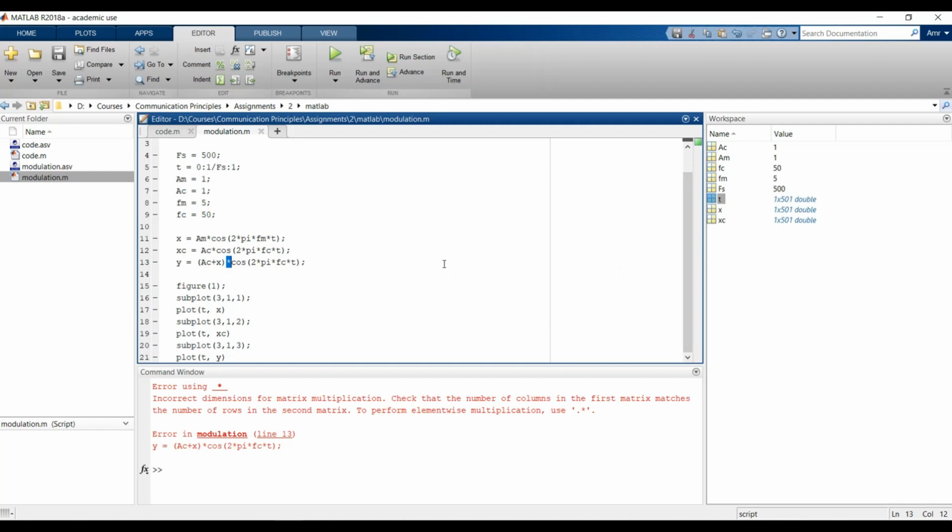This means that there have to be specific rules in terms of the number of columns and rows in order to perform this kind of multiplication. But we can add a dot here, and this way, this one is simply an element-wise multiplication, meaning that it's multiplying each element by each element, not really a matrix multiplication.